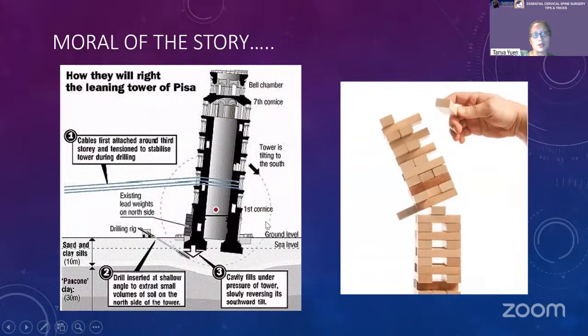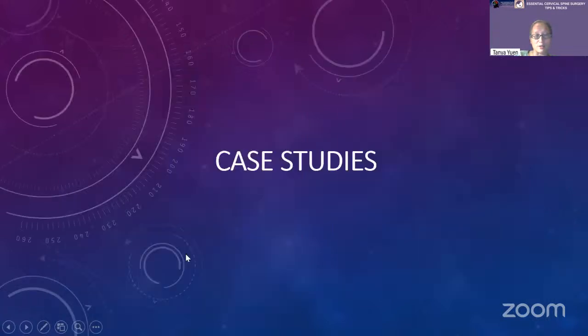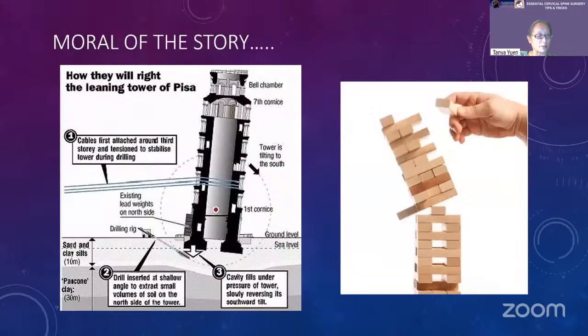Well, I think, particularly with Jenga, the moral of the story is don't be the person that pulls out that block, which then upsets the whole Jenga skeleton, but be that person that adds to the drilling and tries to at least get close to getting good alignment of the cervical spine.